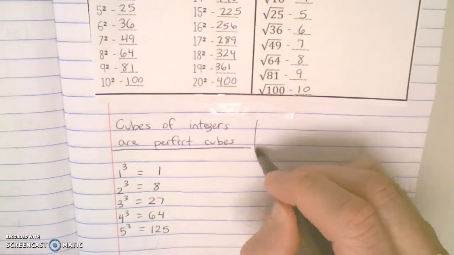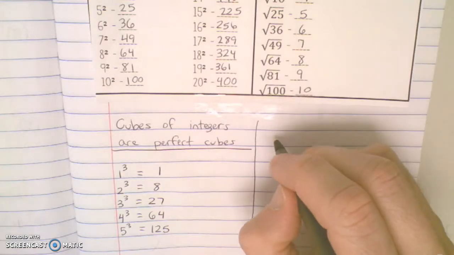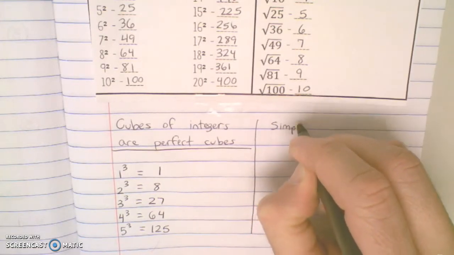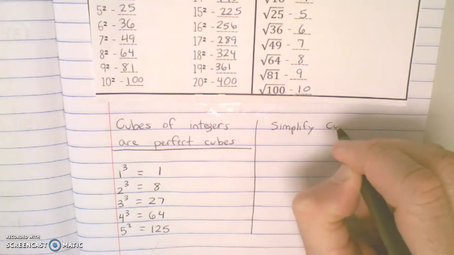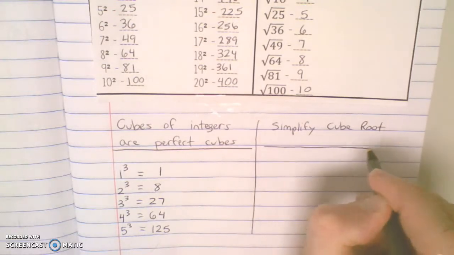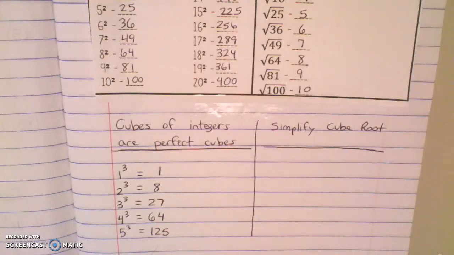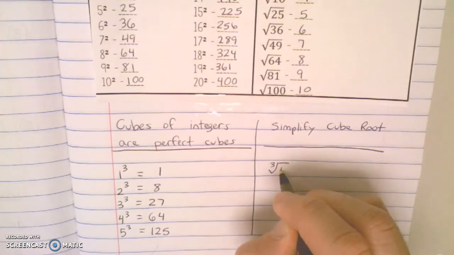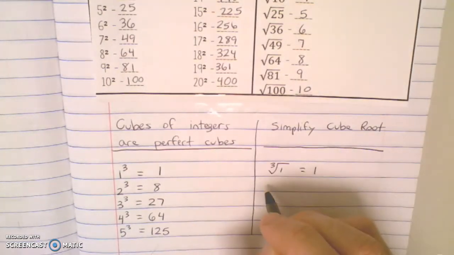To simplify a cube root, you ask yourself what number multiplied by itself 3 times gives you that answer. So here, the cube root of 1 is 1.